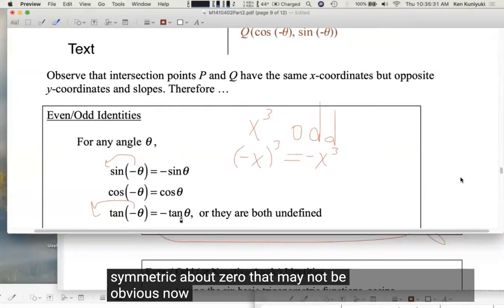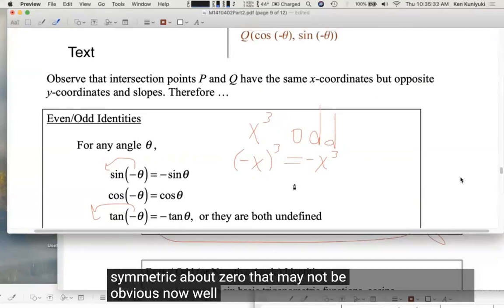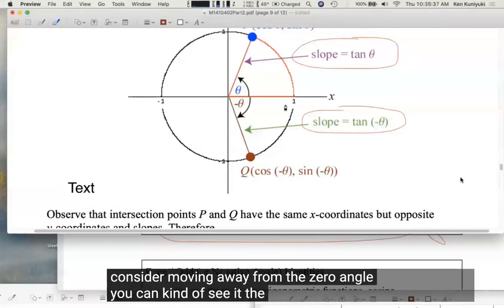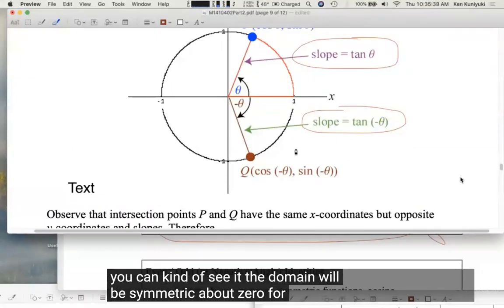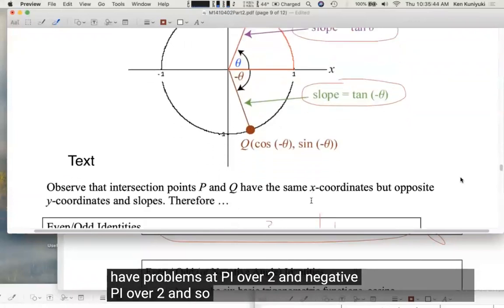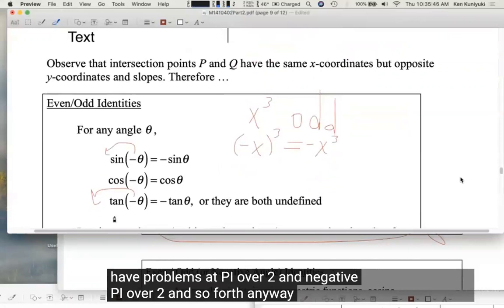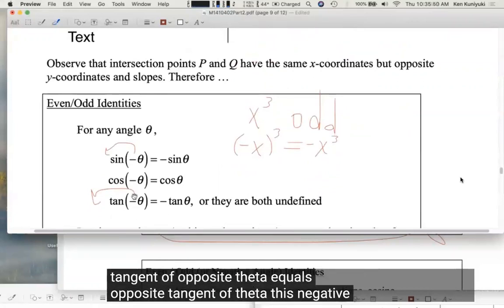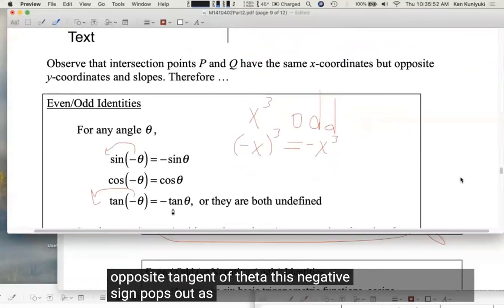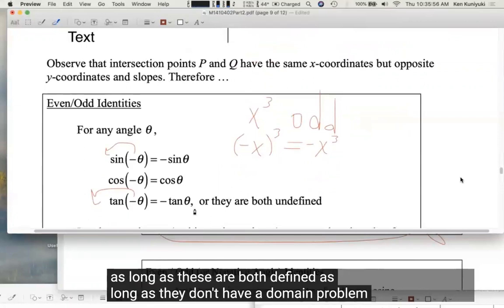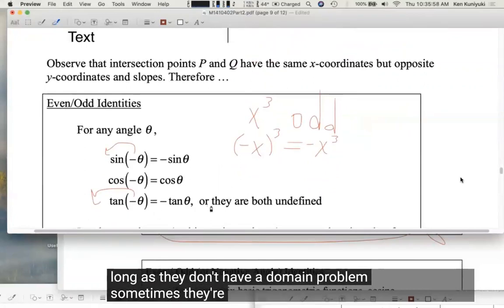That may not be obvious now. Well, if you consider moving away from the 0 angle, you can kind of see it. The domain will be symmetric about 0. For example, we have problems at pi over 2 and negative pi over 2, and so forth. Anyway, tangent of opposite theta equals opposite tangent of theta. This negative sign pops out, as long as these are both defined, as long as we don't have a domain problem. Sometimes they're both undefined.